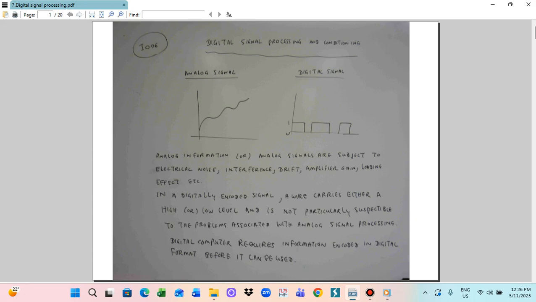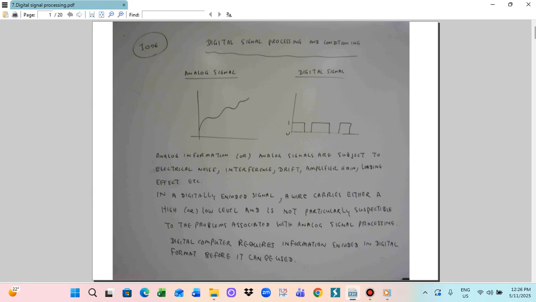Analog is easier. But the problem with it is that external noise, interference, or loading effects can influence the signal. This means if you are using the analog signal, analog signals are subject to noise, interference, and harmonics. Those are the disadvantages of the analog signal.